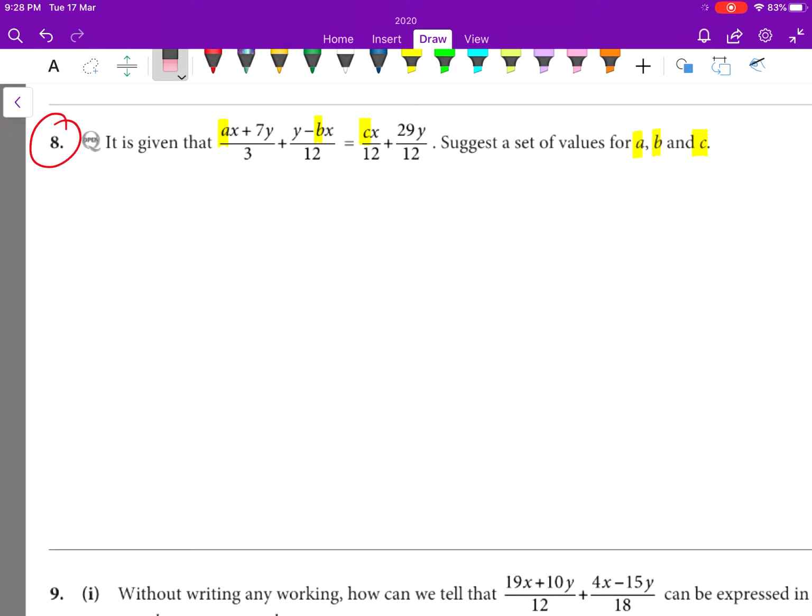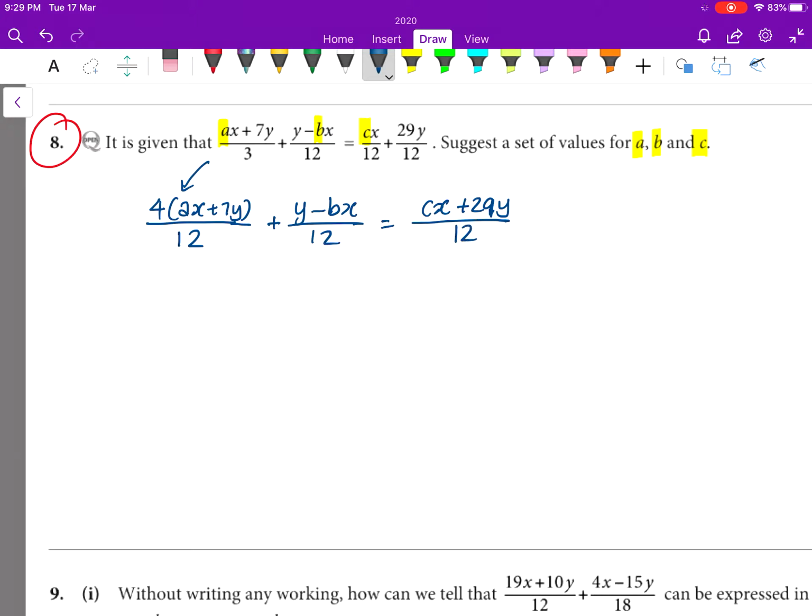Okay, so let's see. I will use blue this time around. So from here, I will multiply 4 to the denominator and 4 to the numerator. Ax plus 7y plus y minus bx over 12. The other side I can actually combine denominator. It's quite fast for the right hand side, over 12.